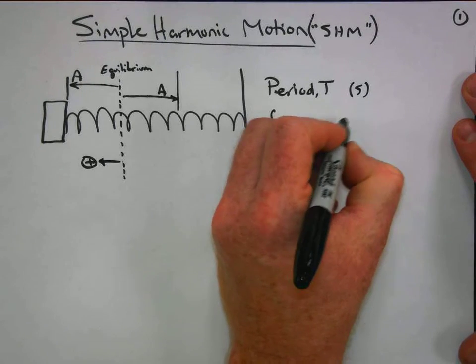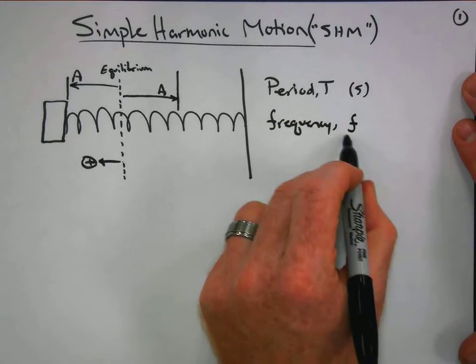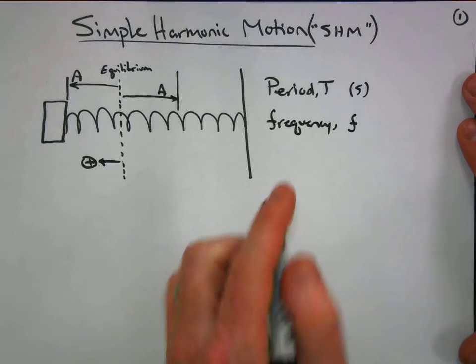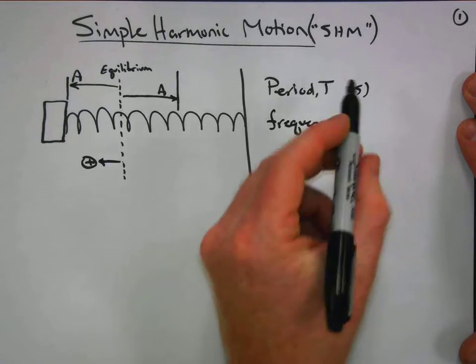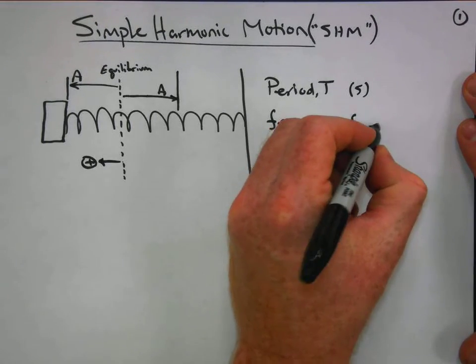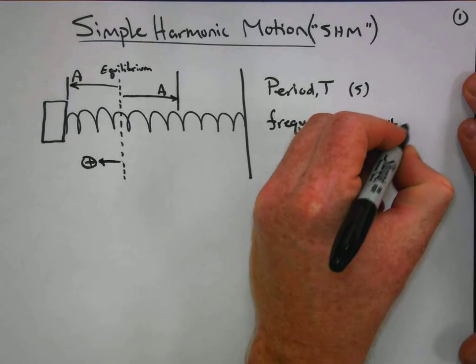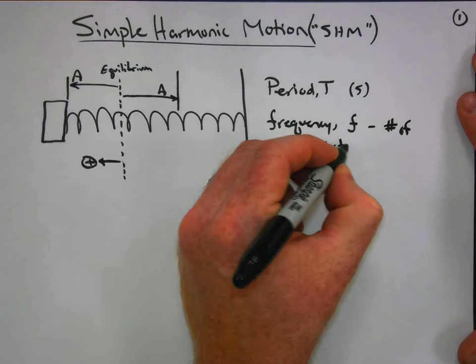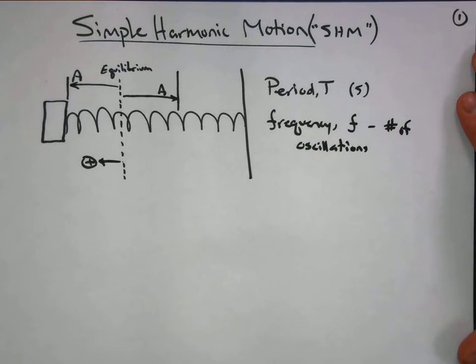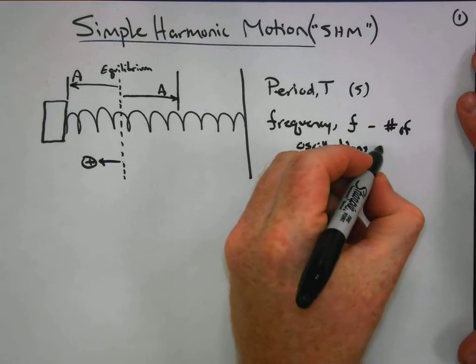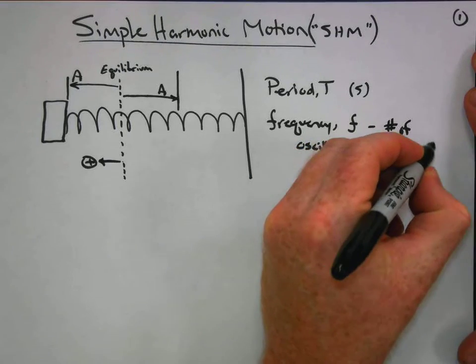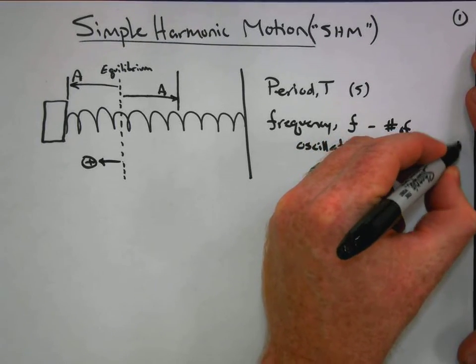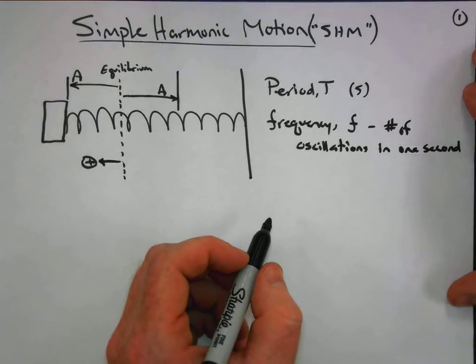There's also this idea of frequency, and I'll use the symbol lowercase f. Frequency is going to be the number of oscillations that a system goes through in 1 second. Number of oscillations per second.